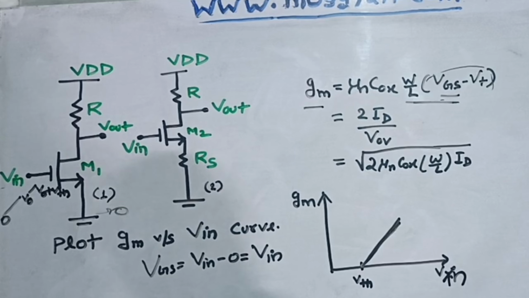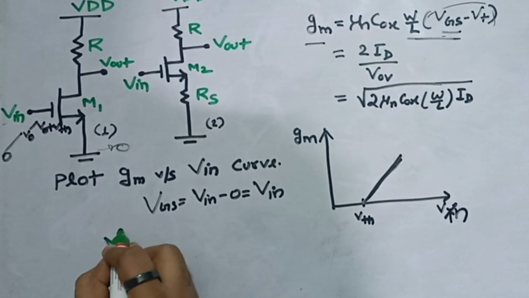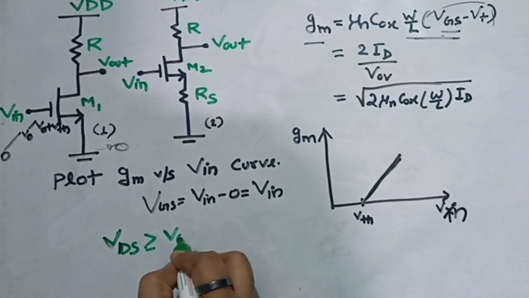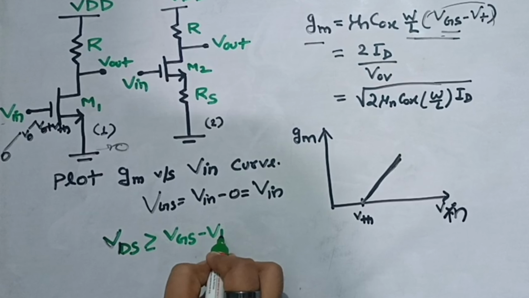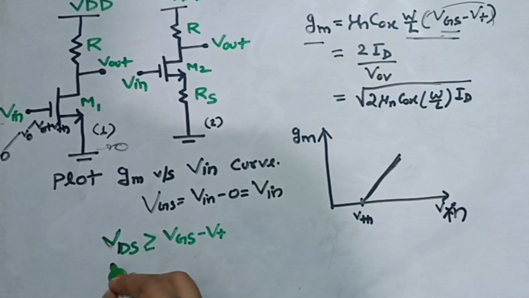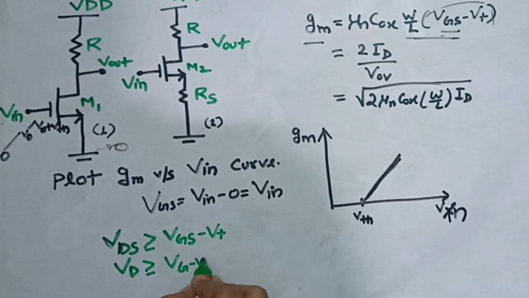We know that in order to operate this MOSFET in saturation, VDS should be greater than or equal to VOV, that is VGS minus VT. Now, since source voltage is 0, we can directly write it as VD should be greater than or equal to VG minus VT. Now let's say VG voltage is equal to V0.